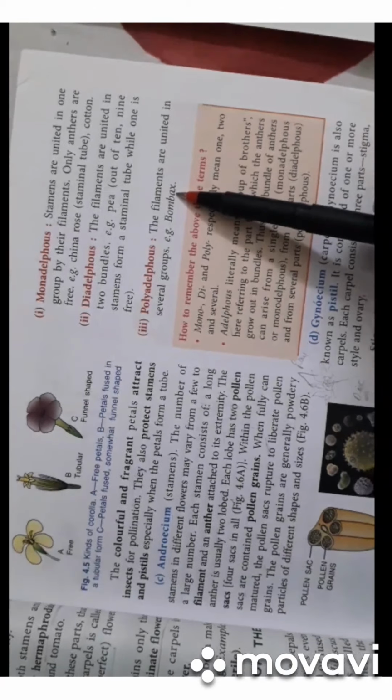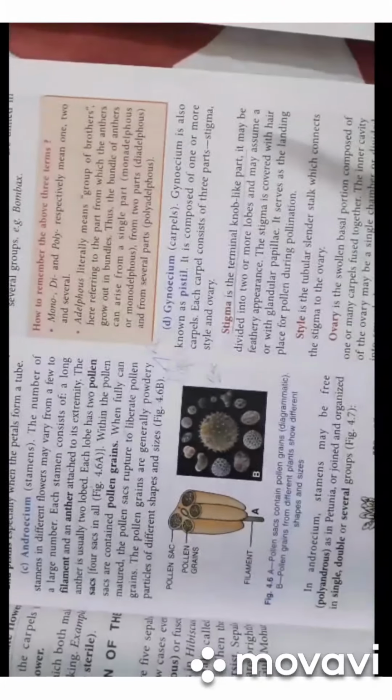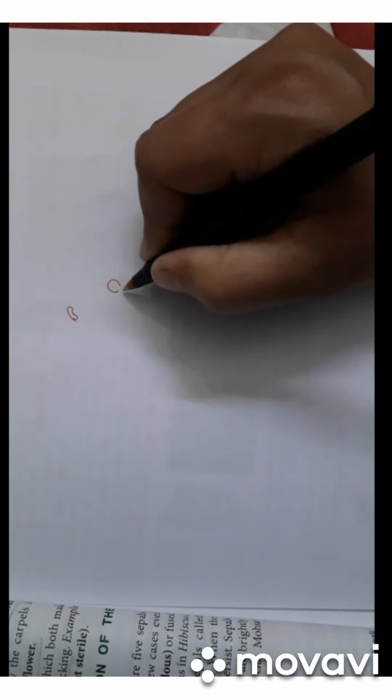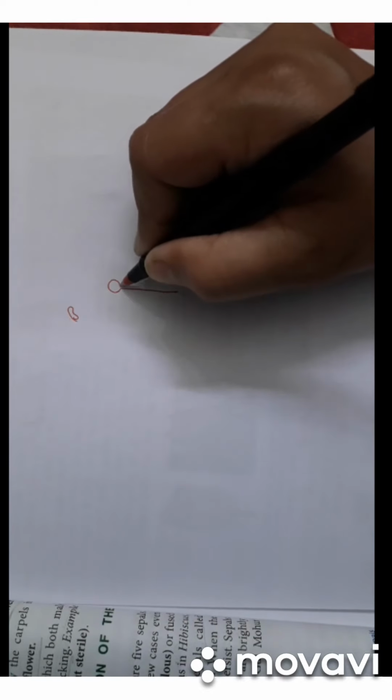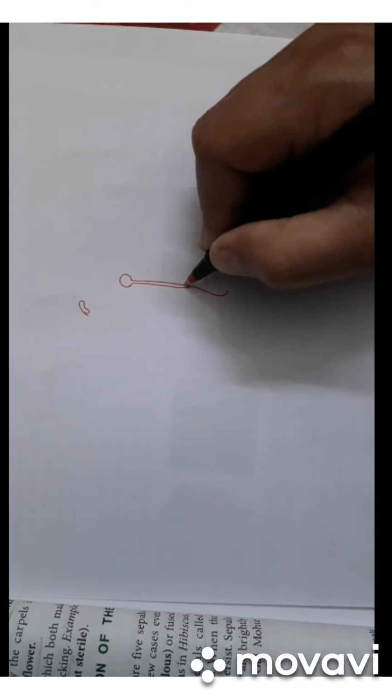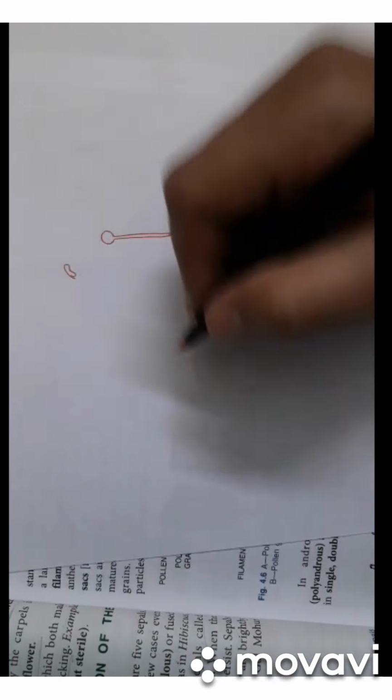So now next is gynoecium. Gynoecium means carpel, and you have studied the structure. Gynoecium pistil has 3 parts. The topmost tip is the stigma, and then the tube-like style, and then its swollen part, which is called the ovary.